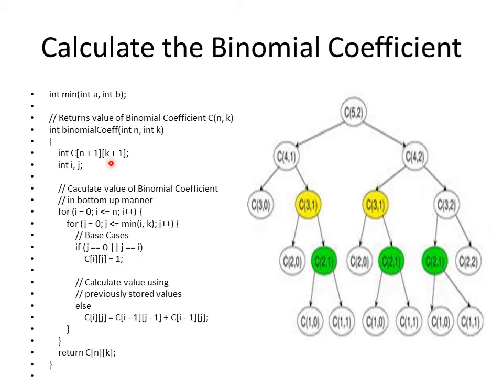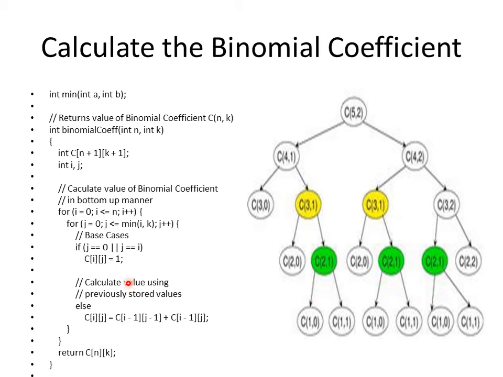In the second dimension, j equals 0 and j is less than or equal to the minimum of i and k, then increment j. If j equals 0 or j equals i, if either is true, then it will assign C of i, j equals 1.